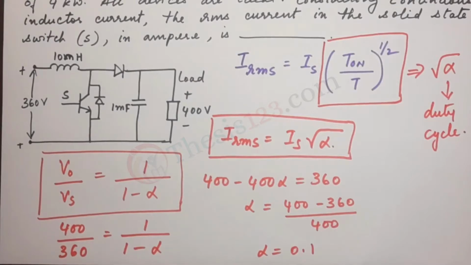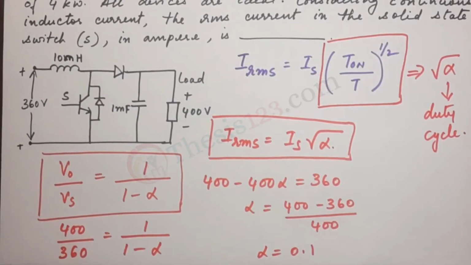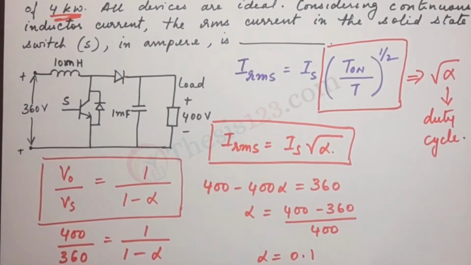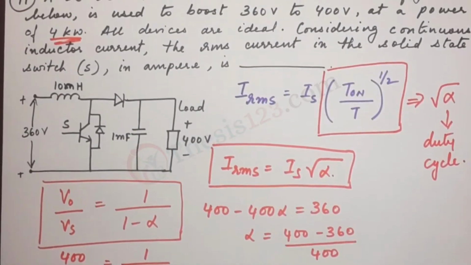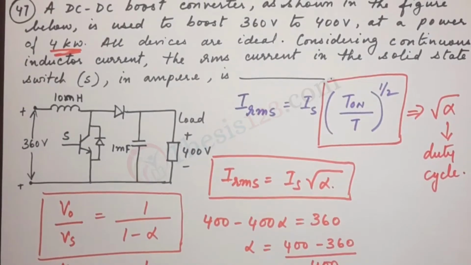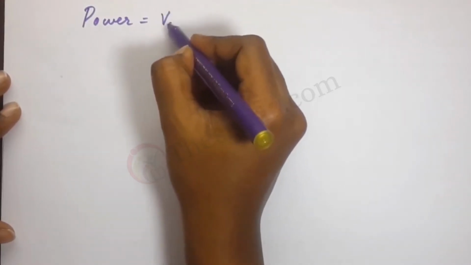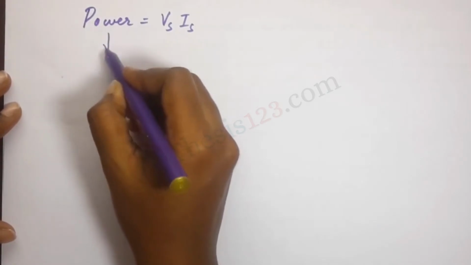Now we need to figure out what the value of IS is. So the question gives us the power as 4 kilowatts. Let's use the power equation to find out the value of IS. So I'll just take another sheet of paper here. Power equals VS IS.